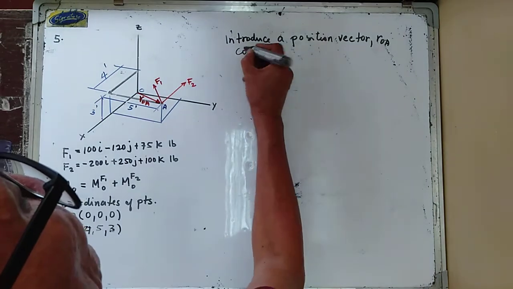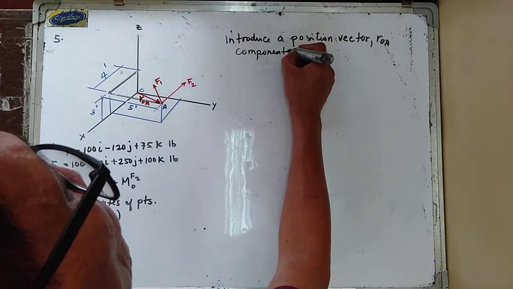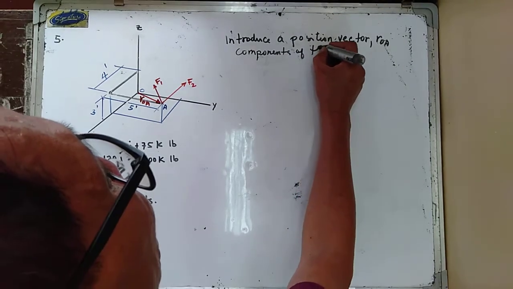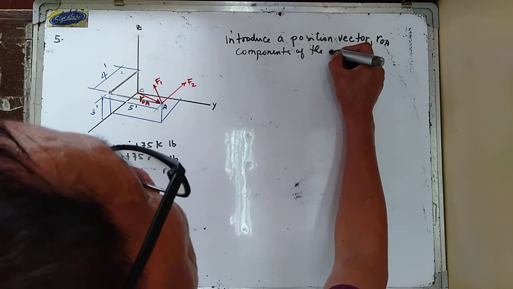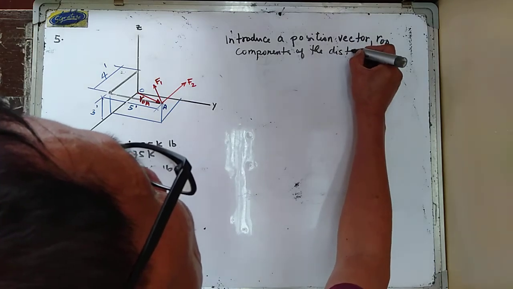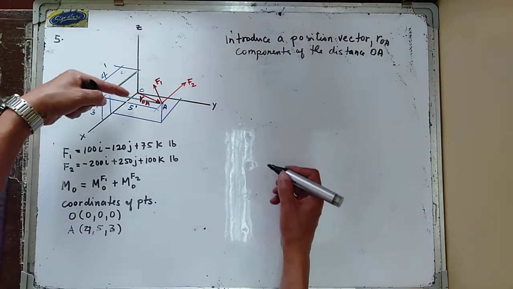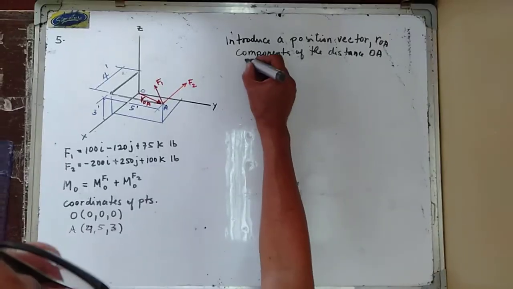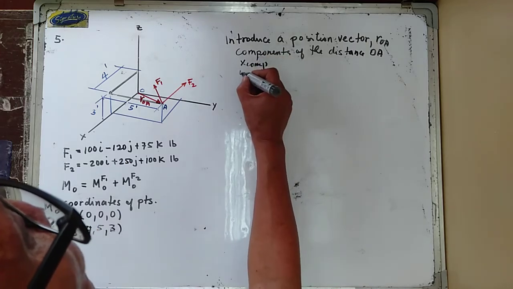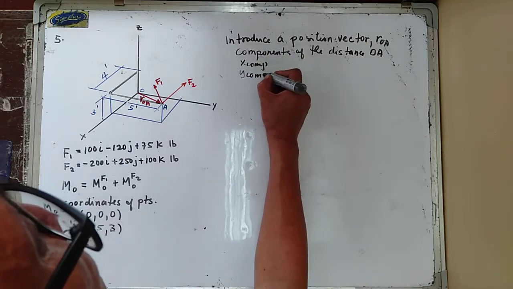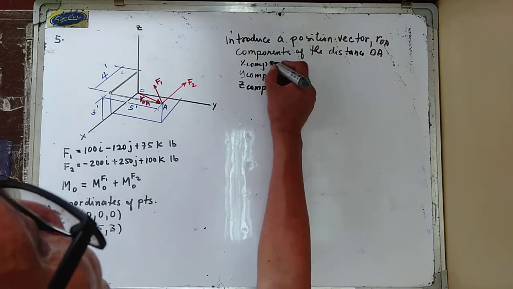So we now have the components of the distance OA. So that is A minus O. We have your X, your Y, and your Z component.